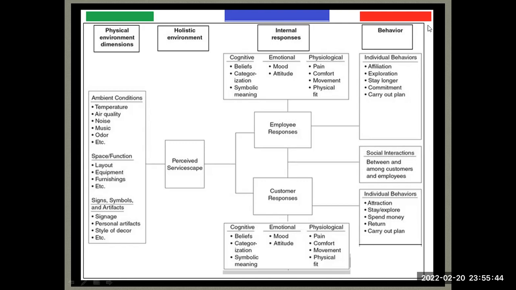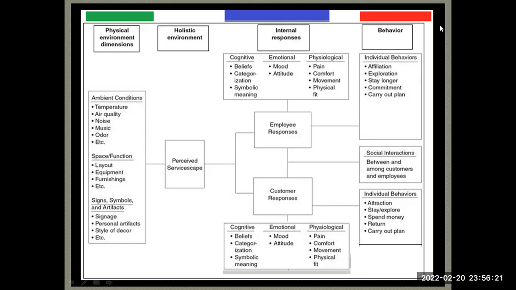Suppose after purchasing product A, the customer is going for product Y, then the sequence will be A, Y. So there is a lot of research they have done, and they have come up with the optimum temperature, the good air quality we should keep in that particular retail outlet or organization. What should be the noise level? Noise should not be more, noise should not be less.